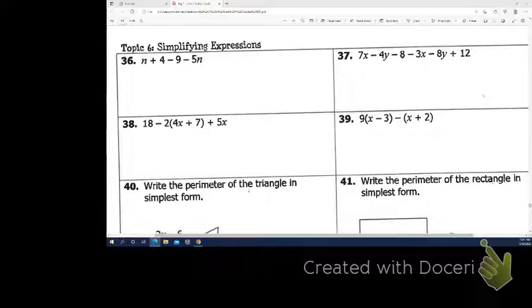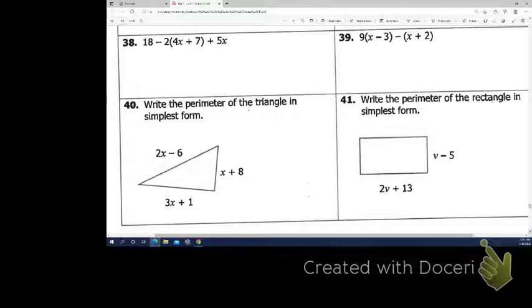When you do number 41, it may be helpful for you to remember that you don't want to just add the 2v plus 13 and the v minus 5. You need to think of that being up here and there being another one of those over here. And then you could write out a big equation, or you could just add around, right? 2 and 2 makes 4, plus 1 makes 6v.